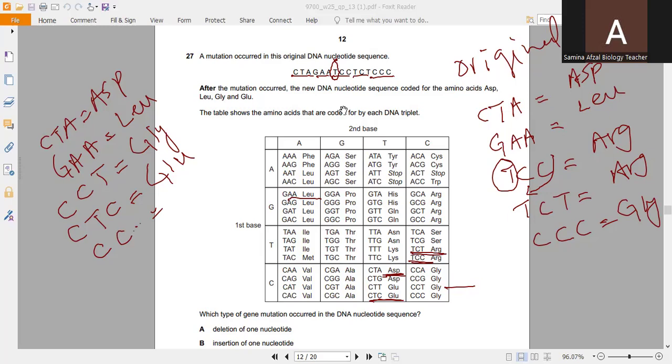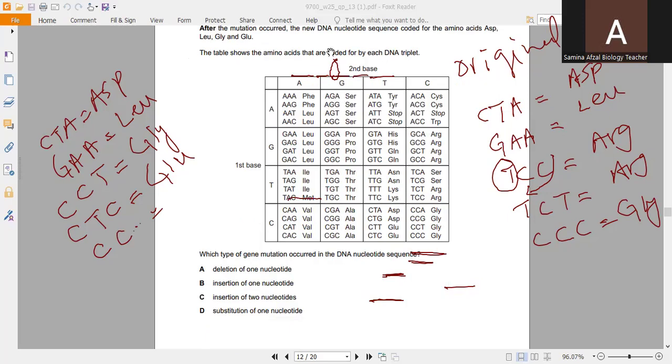This is the mutated one. Deletion of one nucleotide. Yes, because T was deleted over here, due to which the new codons are formed in this way. Insertion of one nucleotide.